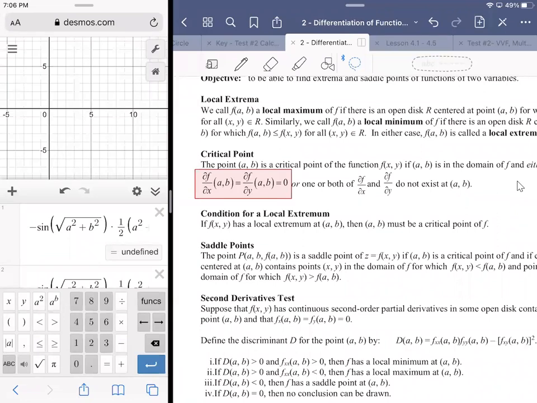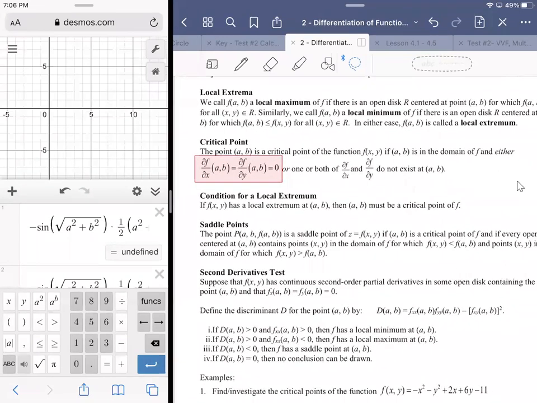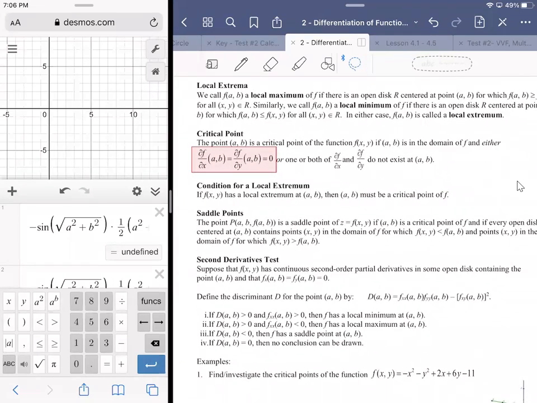Now we know, from Calc 1, that if you have a local extremum, then there is a critical point at that location, but it's not always true the other way around. Just because there's a critical point doesn't mean it necessarily leads to an extreme value. It could lead to something called a saddle point.